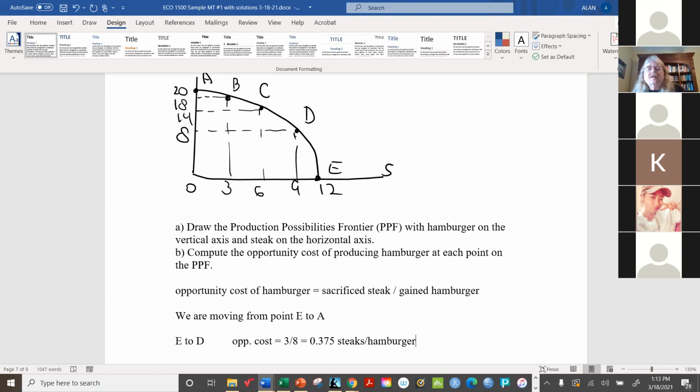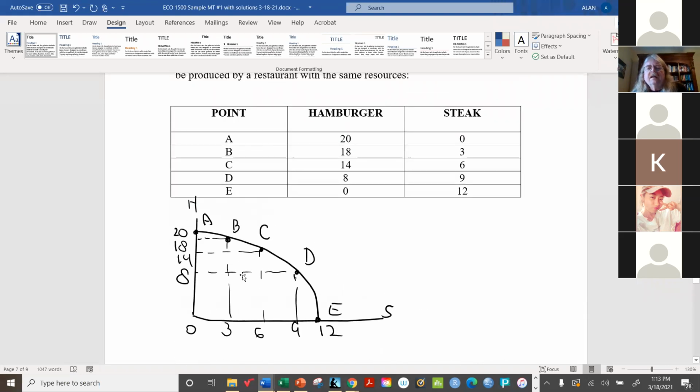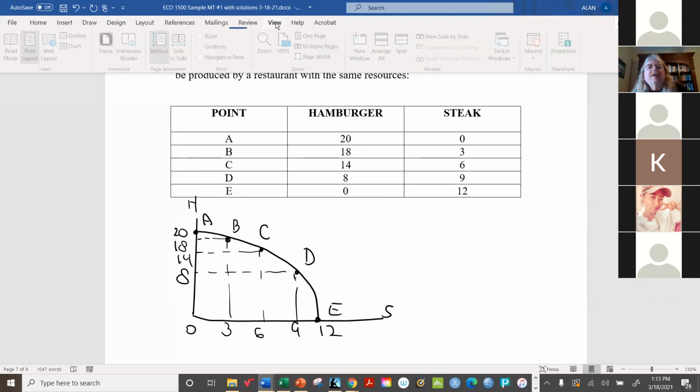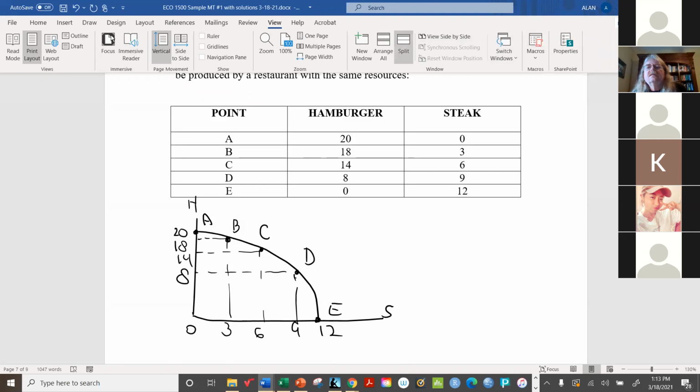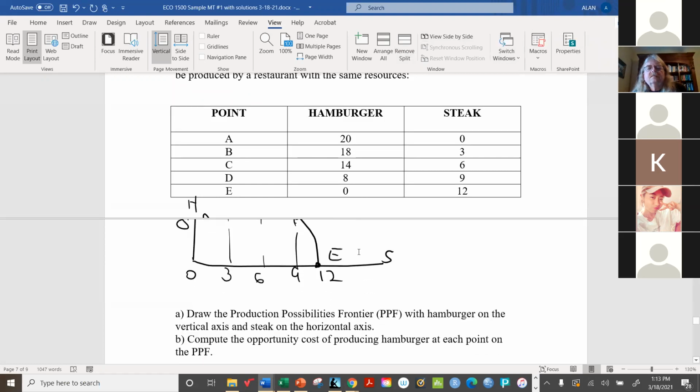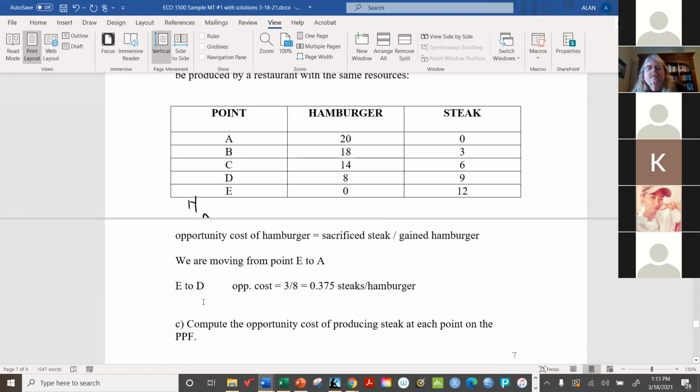In other words, in order to get 8 more hamburgers, we had to give up 3 steaks. Now you can also, of course, read it straight off the chart. Actually, that might be your best bet. So I'll write this as E to D to indicate that we're starting at E and moving our way up to D.